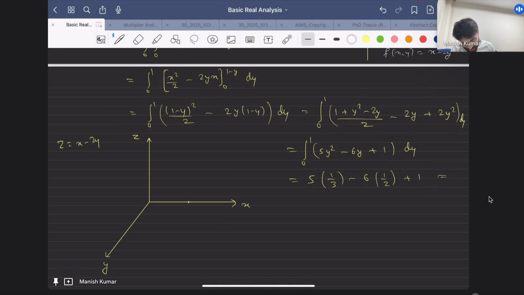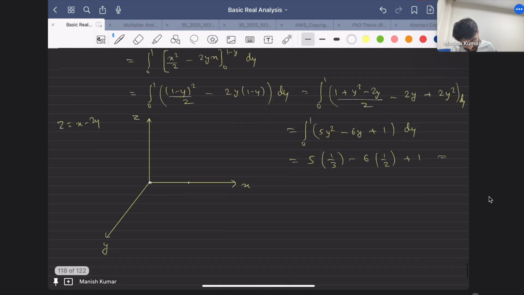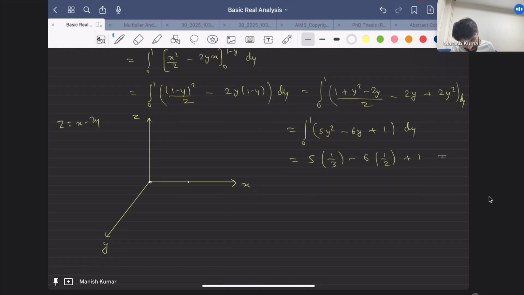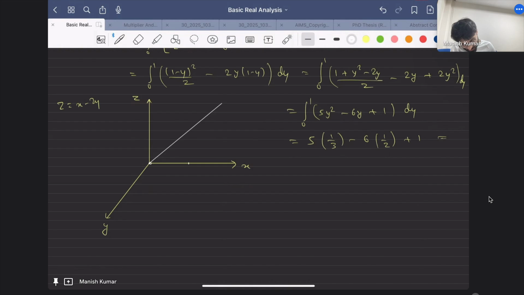When y is 0 and z is 0, the plane passes through the origin. On the xz plane I put y equals 0, which gives the line z equals x. On the xy plane, z equals 0, so x equals 2y, so y equals x by 2. It should look something like this.